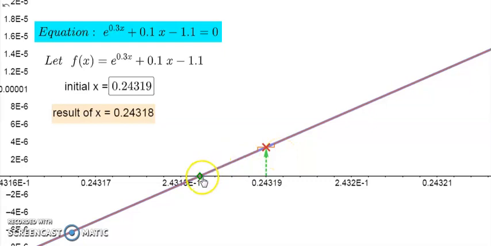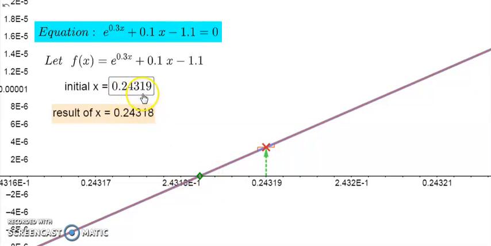So this is what's happening now. Once again you see the red line is almost merged, or I should say apparently merged, with the blue curve again. And I won't continue to zoom in any further. By right, the initial value that we inserted, compared with the result, which refers to the x-coordinate of the intersection point, is almost the same.